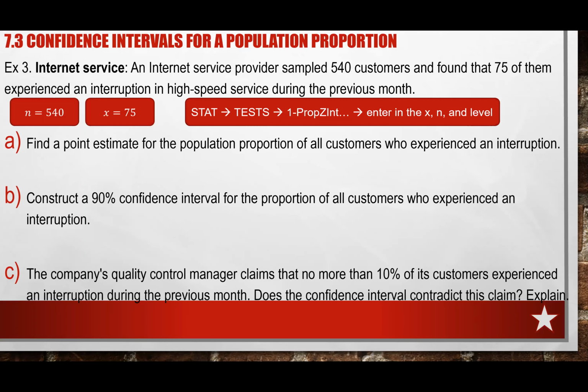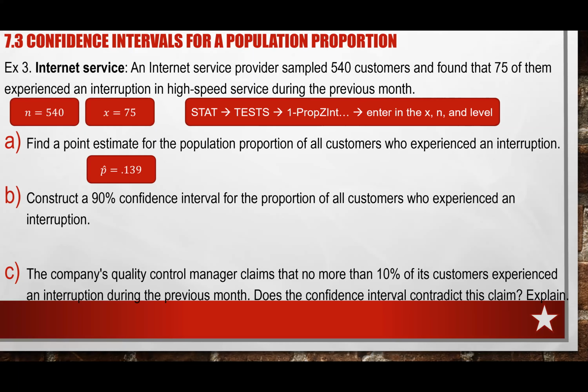Do you agree that to find a point estimator, all I need to do is take 75 divided by 540? If you go through this process, stat, test, one prop z interval, it will give you the same number, which is the point estimator, the middle percentage that we use for my interval: 0.139.